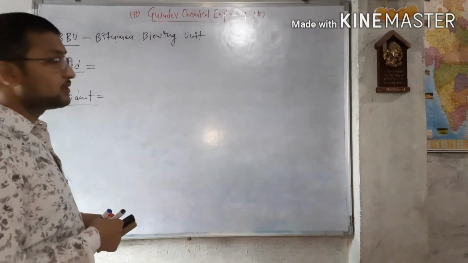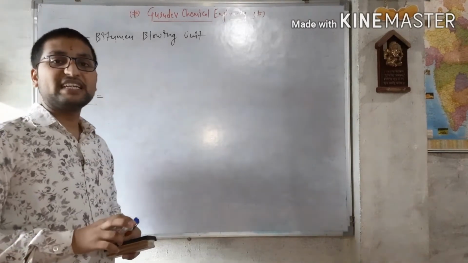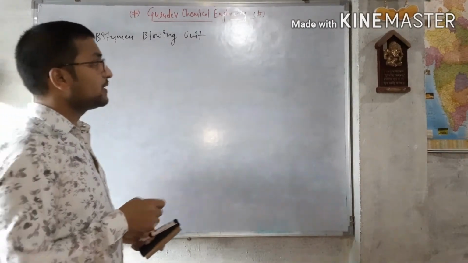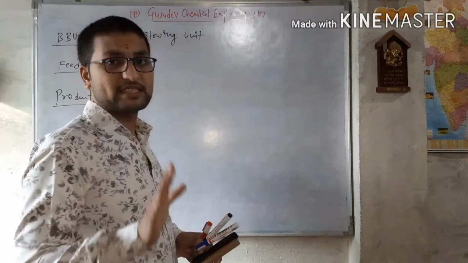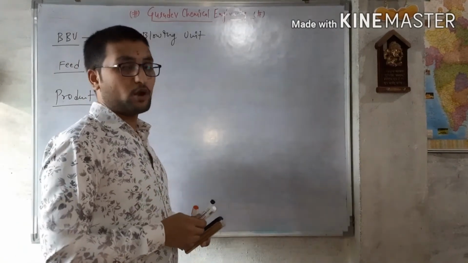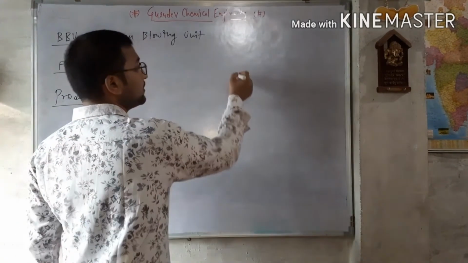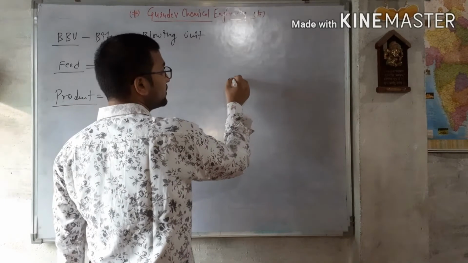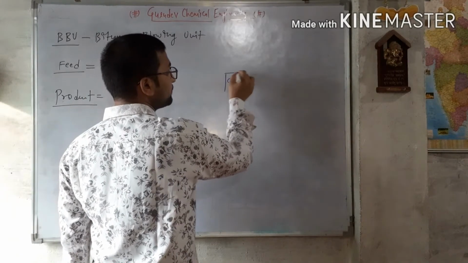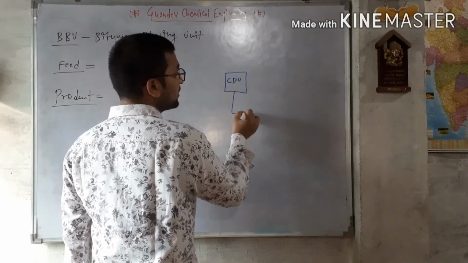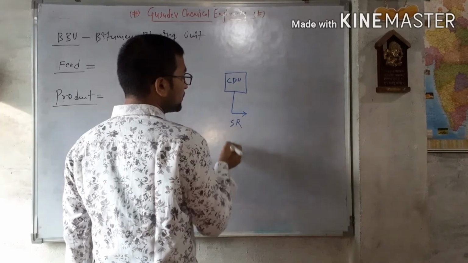Before we discuss the feed or product, we should know the basic or general block diagram of the unit. Suppose CDU, its bottom product is short residue.